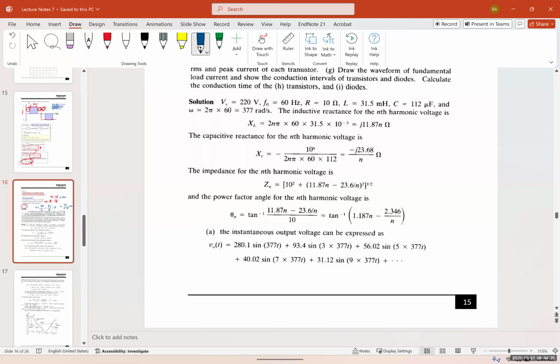The instantaneous output voltage can be expressed as V out is 280.1 sine of omega t plus 93.4 sine of 3 omega t, because it's the third harmonic, and then the fifth harmonic, seventh harmonic. So this is the fundamental, first, the third, the fifth, the seventh, the ninth, and so on.